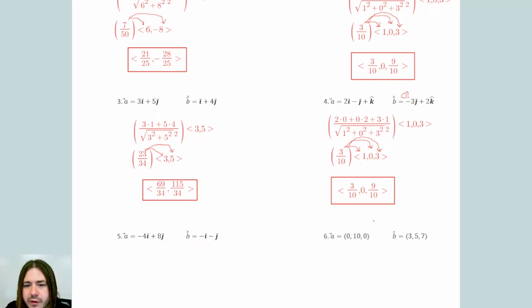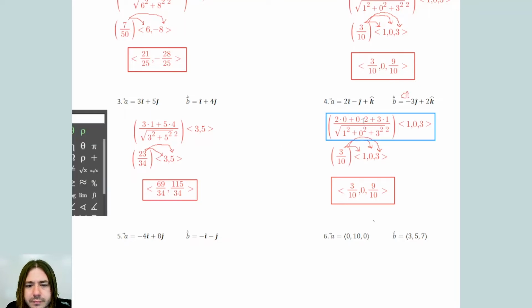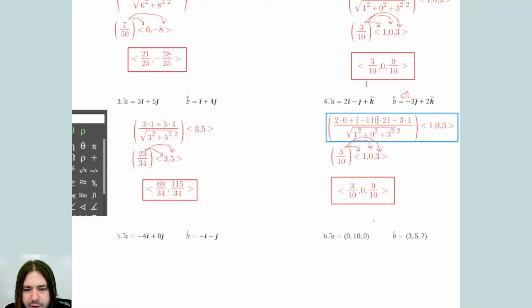Okay, so we've got 2 times 0 plus -1 times -3 plus, looks like 1 times 2. And then the magnitude of vector A would be 2 squared plus 1 squared plus 1 squared. And the vector we're projecting onto, A, is going to be 2, -1, 1.